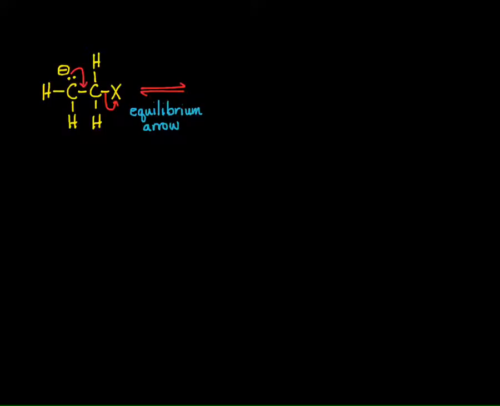The result is I've now formed my pi bond between the two carbons, which if you look closely enough, you'll notice this is ethylene. Also resulting from this is that X has taken a pair of electrons.